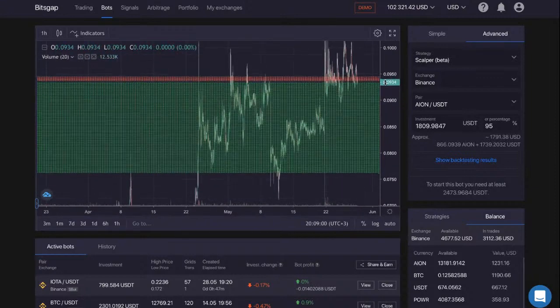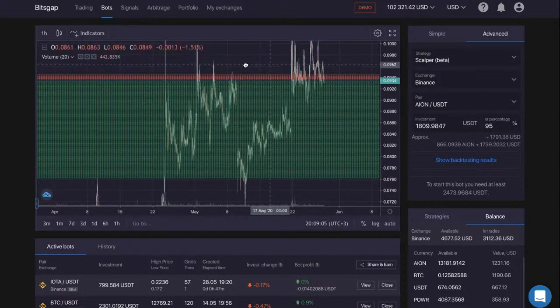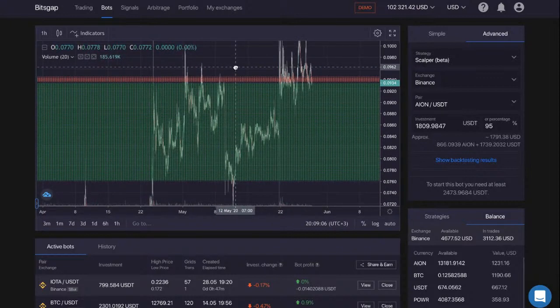Because they are so tight to each other, it's basically impossible for the bot to not be able to seize the price action.